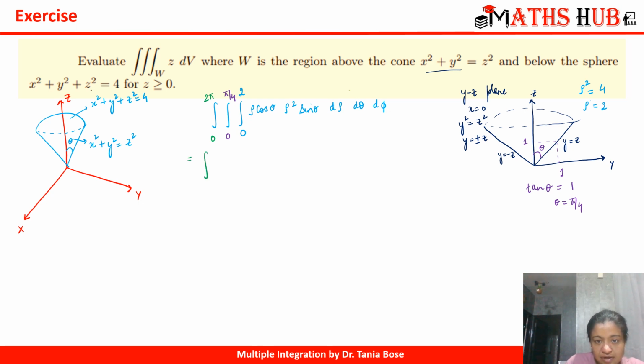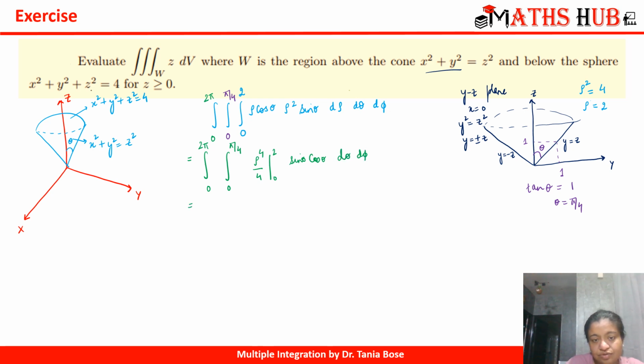So let us try to solve it. This is 0 to 2 pi, 0 to pi by 4. Rho into rho square is rho cube, so we have rho to the 4 by 4, limits from 0 to 2. And we have sine theta, cos theta, d theta, d phi.